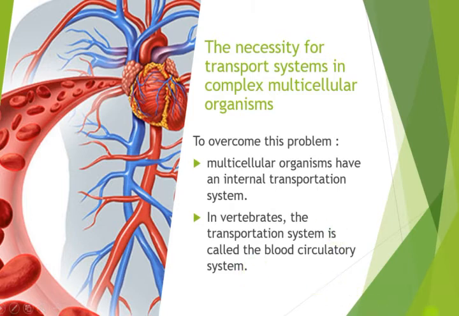So the transportation system in vertebrates or in humans is called the blood circulatory system. That refers to the necessity for a transport system in complex multicellular organisms.